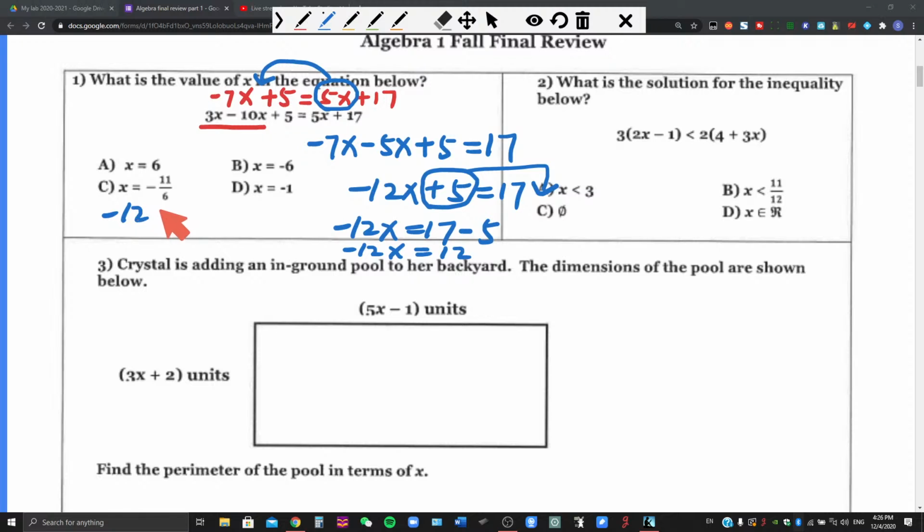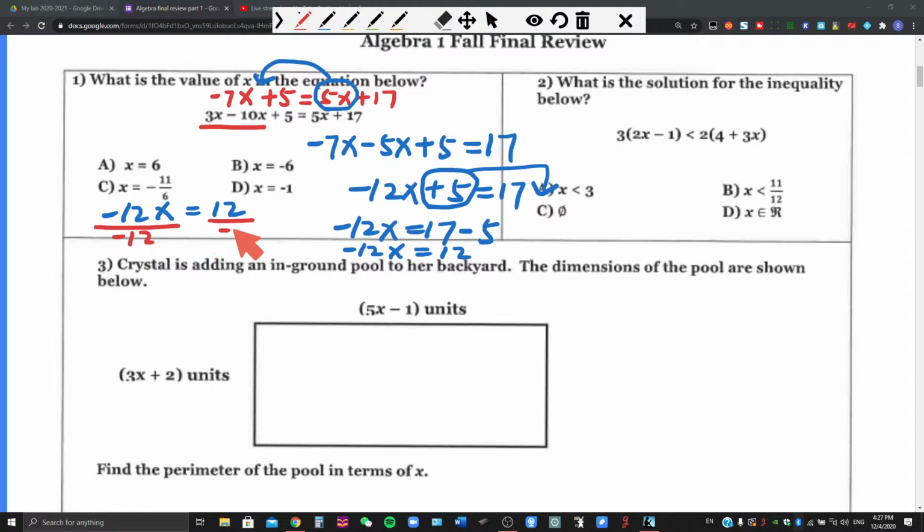And lastly, we divide. So we divide by the multiplier of x. X is multiplied by negative 12. We divide by negative 12 so that they will cancel. We do the reverse, the backward of multiply. That's divide. Multiply by 12, divide by 12. They will cancel.